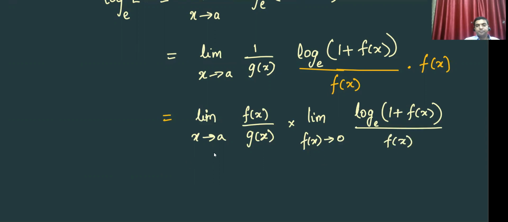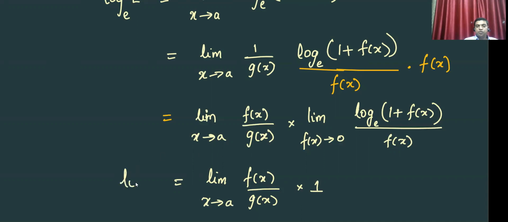So what is this? This is limit log of 1 plus x upon x as x tends to 0. This is a standard limit which is equal to 1.